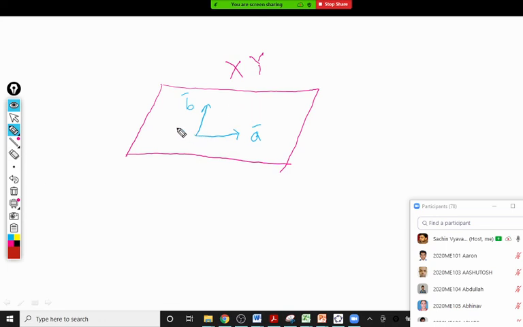You can write it anywhere. Suppose this is C bar. This C bar is written as a linear combination of them. That's the property. Then that C bar can always be written as X A bar plus Y B bar, provided A bar and B bar are non-collinear. Is that clear?